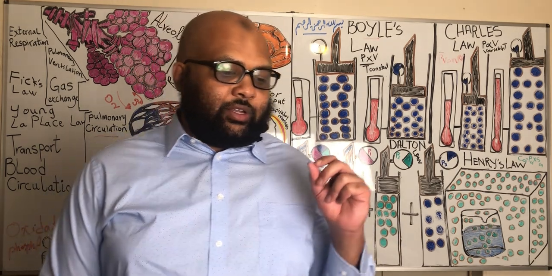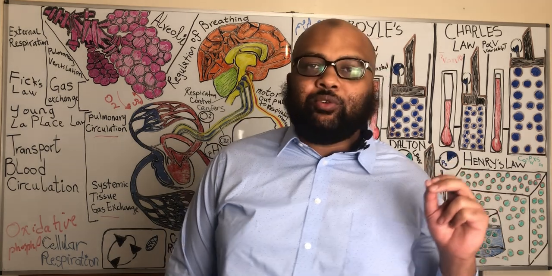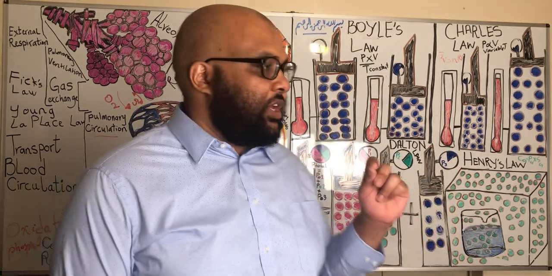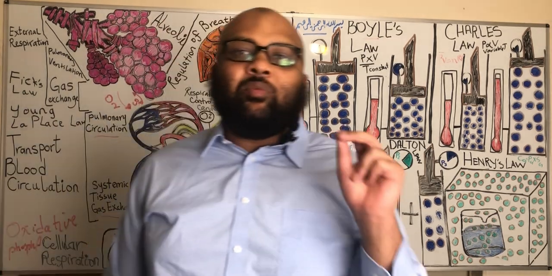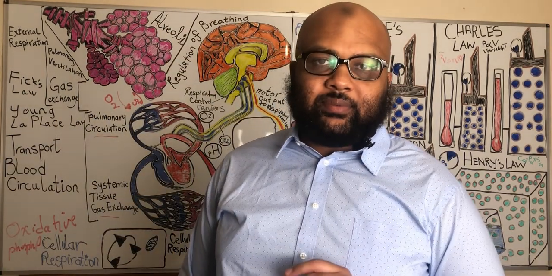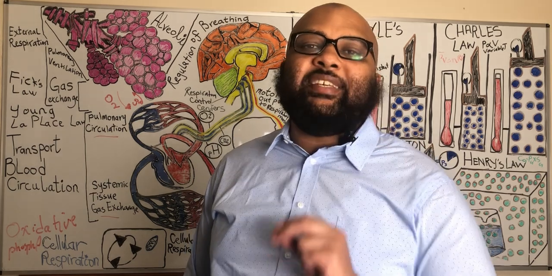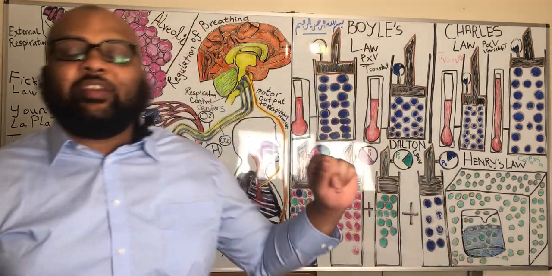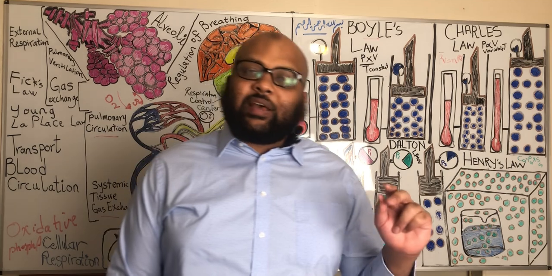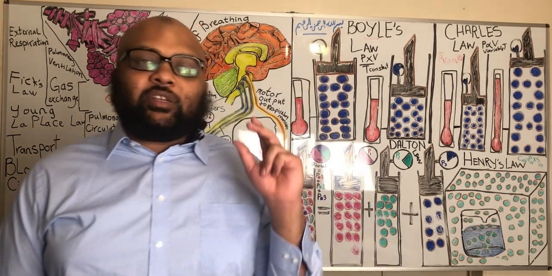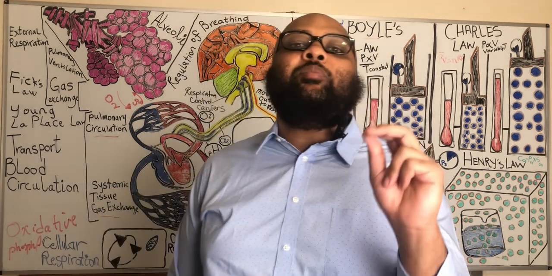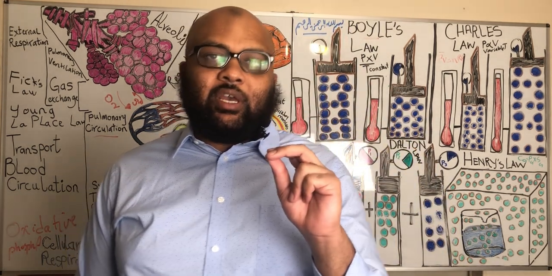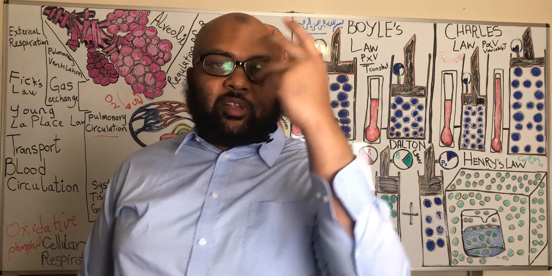In your carotid sinuses and your aortic arch, you have sensors that sense how much carbon dioxide is there. Is the blood getting more acidic? You have peripheral chemoreceptors. You also have central chemoreceptors. Central chemoreceptors are very important for detecting carbon dioxide fluctuations, because you have the blood-brain barrier.